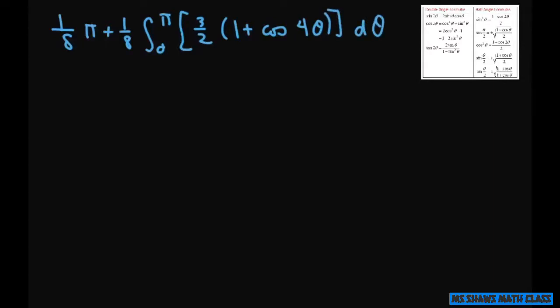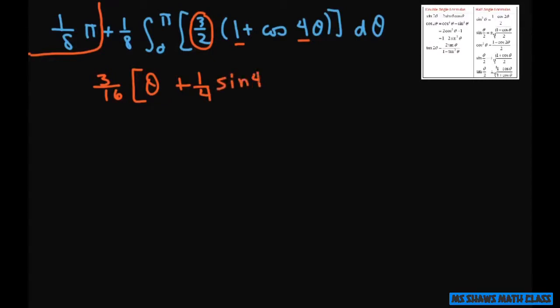So let's integrate that. So this stands alone for now. So you integrate that. I'm going to pull this 3/2 out. So you're going to get 3/16. And this is going to turn to theta plus, you're going to have to do the 1/4 here. And the antiderivative of cosine is sine of 4 theta. Then we're going from 0 to pi.